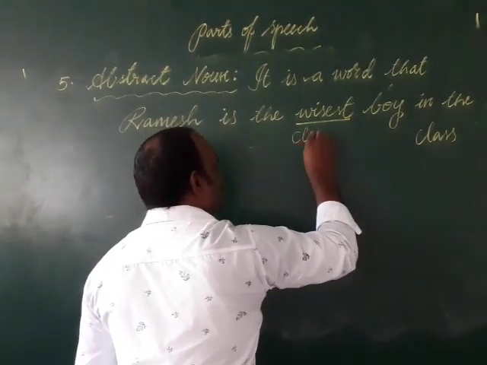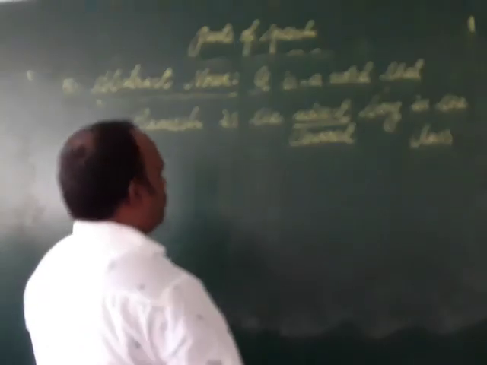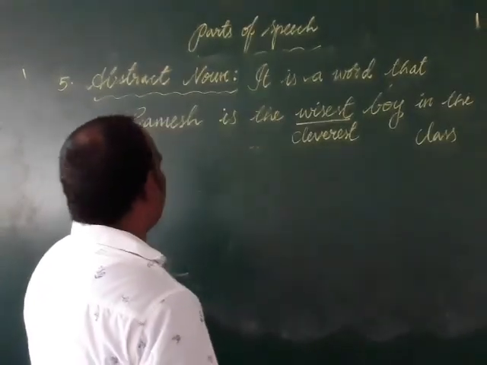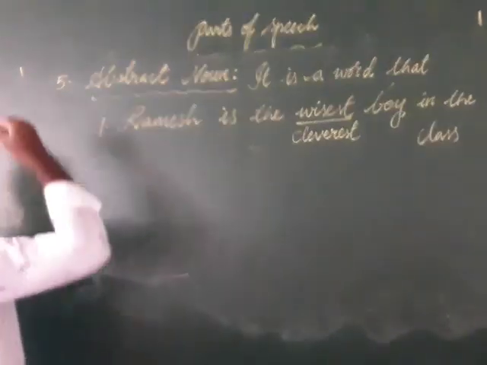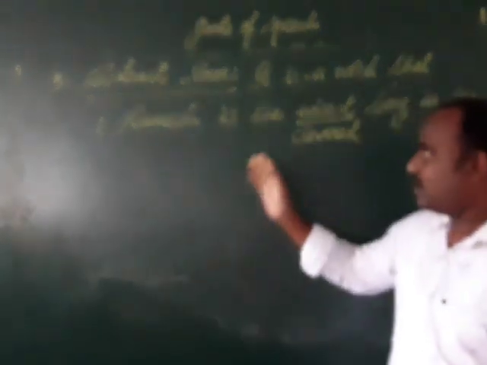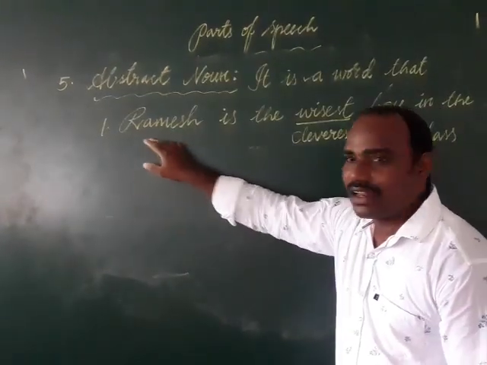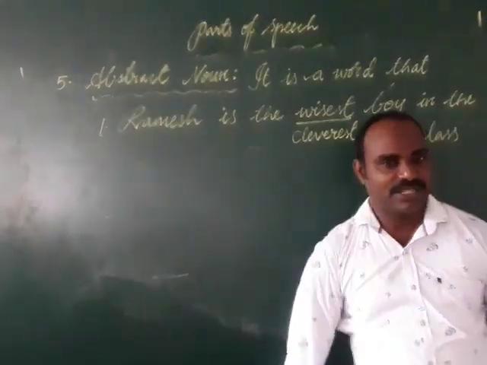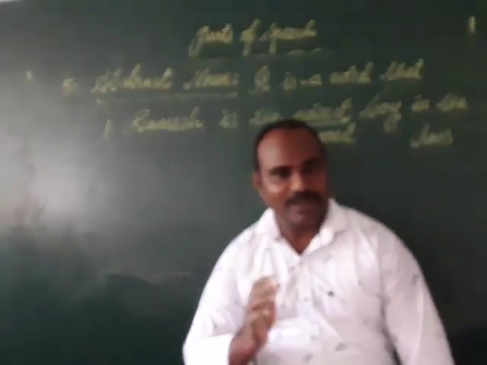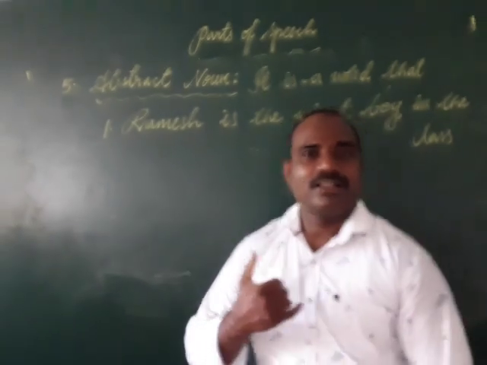Wisest or cleverest. Right? So this is the example. You have to note down the sentence first, then underline the nouns and write what kind of noun it is. That means whether it is a common noun, a proper noun, collective noun, material noun, or abstract noun.